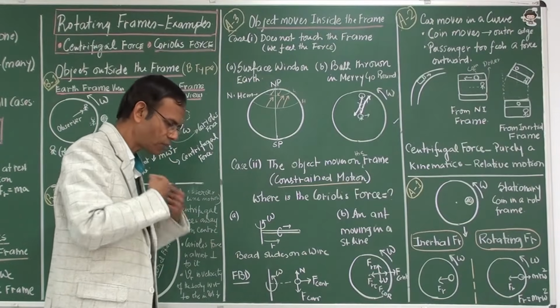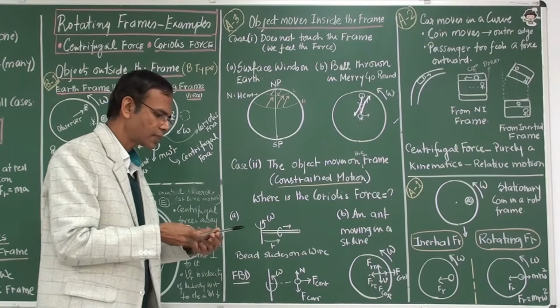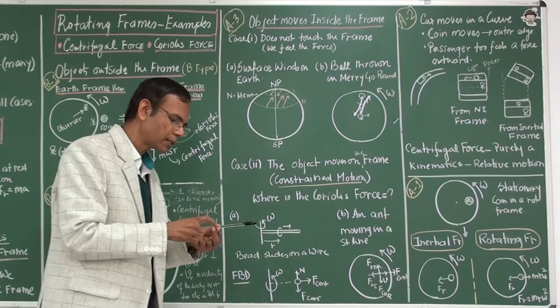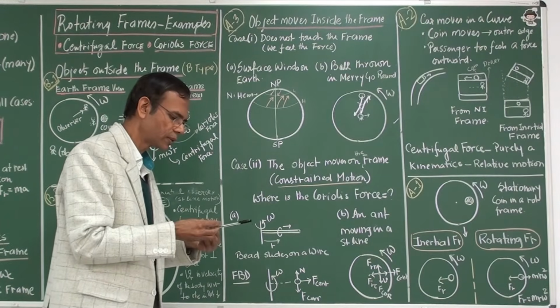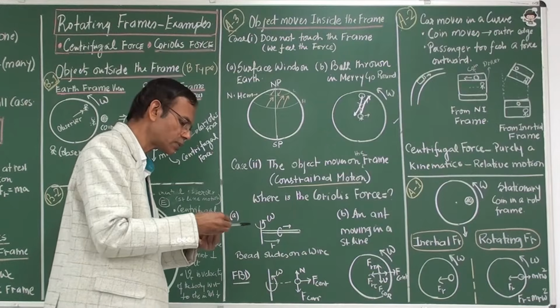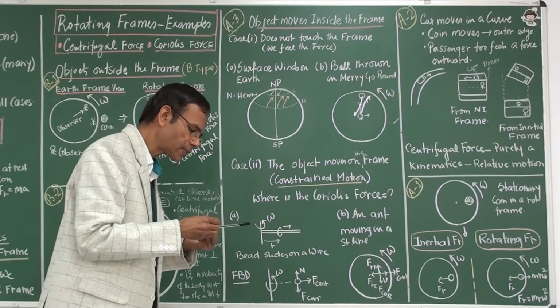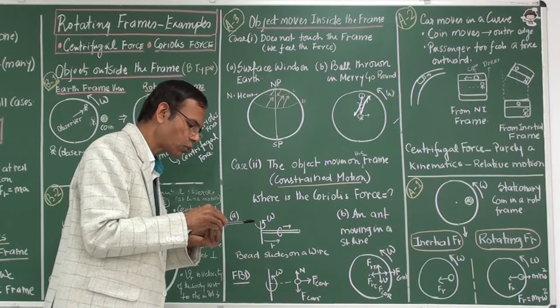So I can show you using my pen. Suppose this is the rod and this is the bead. It has a tendency to move in a straight line like this.